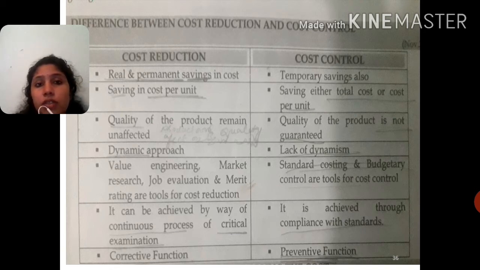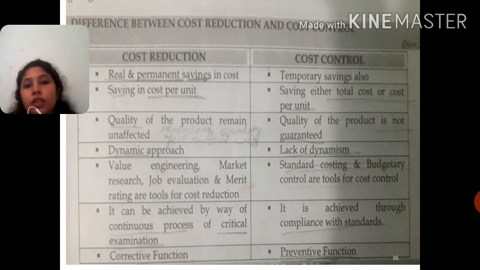Come to the cost reduction column. It is saving in cost per unit. We can save the cost in cost per unit. Consider my last example. We got 2 lakh cost saving and we can calculate cost per unit. Total 2 lakh divided by the total number of Chandrika soap produced during that year.